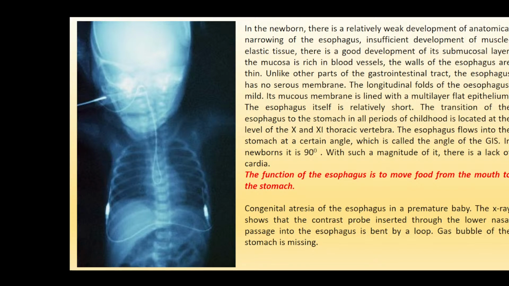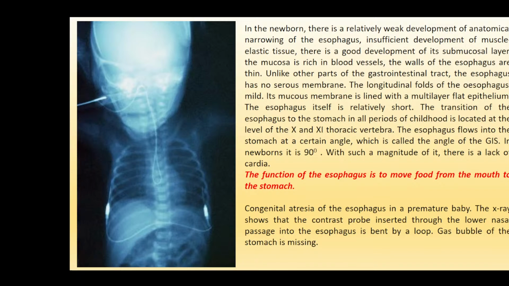In other parts of the gastrointestinal tract, serous membrane is present. Just only in the esophagus we have this anatomic feature. The longitudinal fold of the esophagus is mild. Its mucous membrane is lined with multi-layered flat epithelium. The esophagus itself is relatively short.